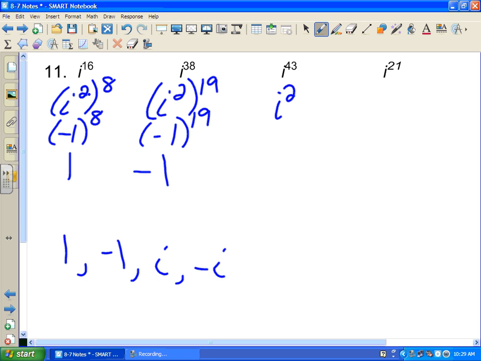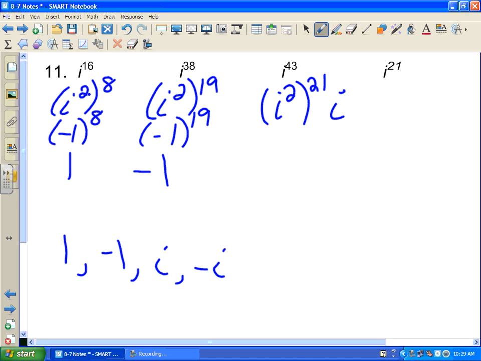So if I want to figure out how many pairs of i's are in i to the 43, if you did 43 divided by 2, you get a decimal. We'll go down by 1, to 42. How many pairs of i's are in 42? 21. But that's just 42, so I need another one.